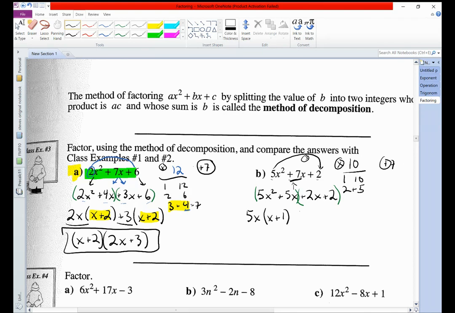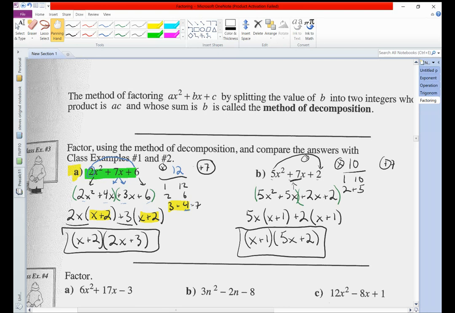And in the second set of brackets, I can pull a positive 2 out, and I'm left with x plus 1. I can factor an x plus 1 out of both of those terms, and I'm left with 5x plus 2. Perfect.